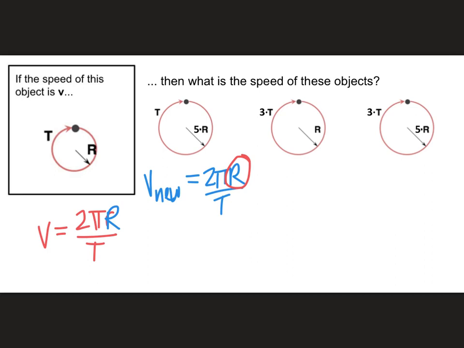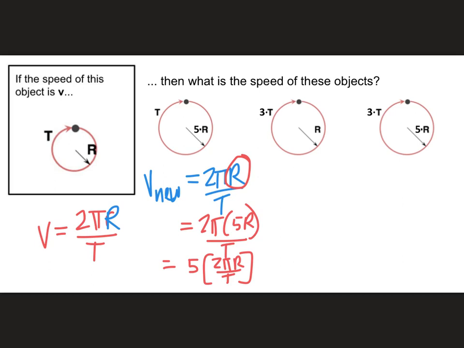So if I were to put that 5R in, I could be very formal about this. I would put 5R instead of just R. And we could see that if we factor out the 5, it is 5 times the original amount. And so the new speed is going to be 5 times v, 5 times the original amount.